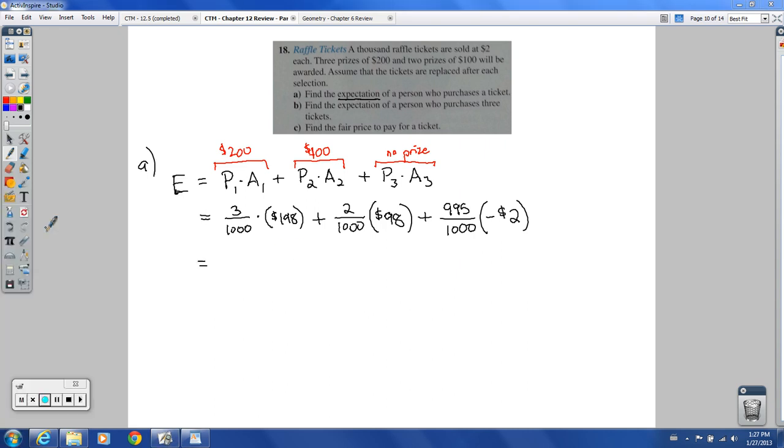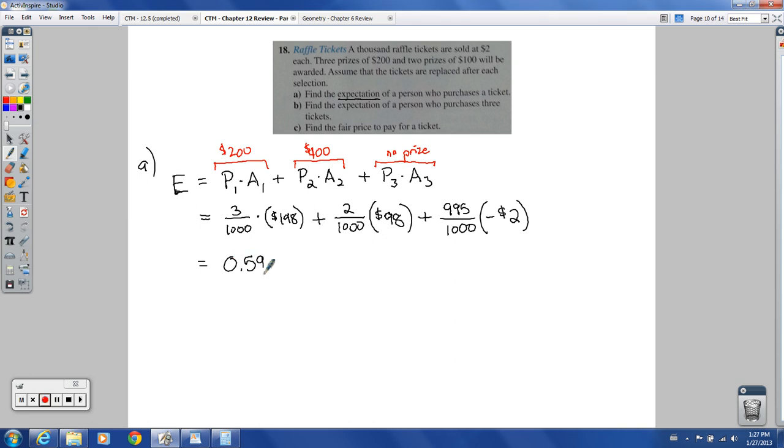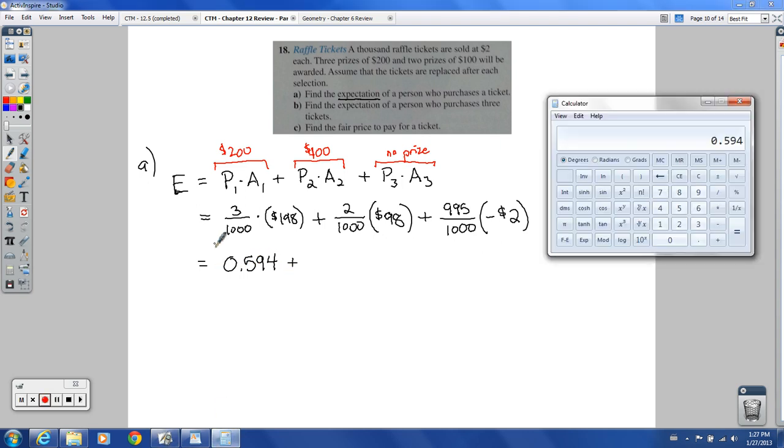So let's do that here. I'm going to have 3 divided by 1,000, and then take that times 198. So that would be 0.594. Yes, I was saying it right the first time. So 2 out of 1,000, that's the same thing as 1 over 500. This times 98 is 0.196.